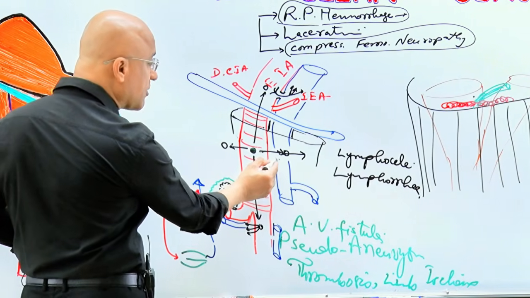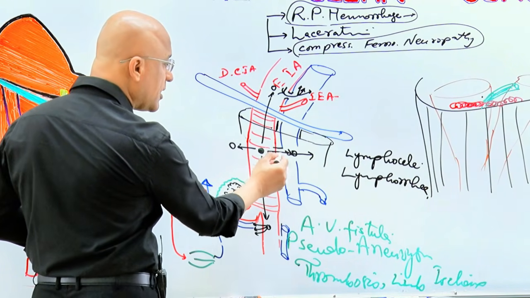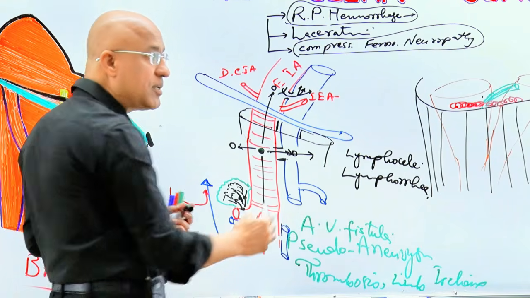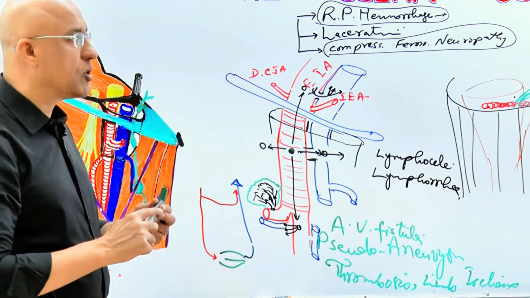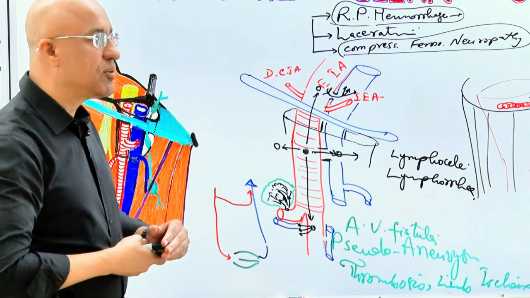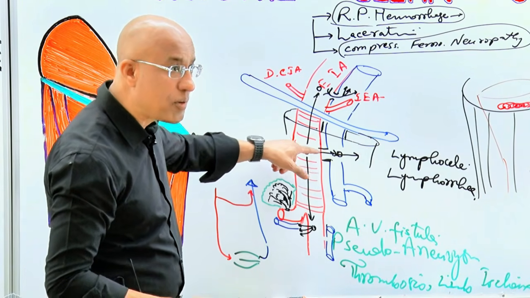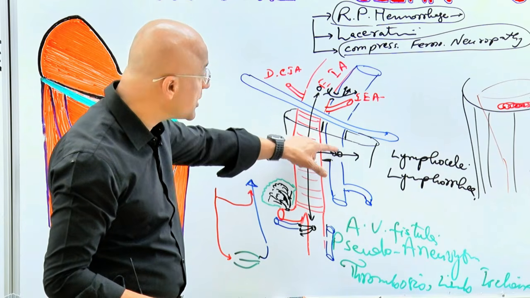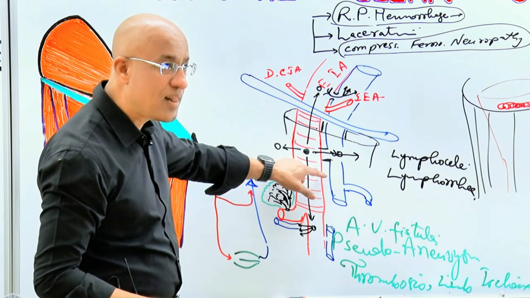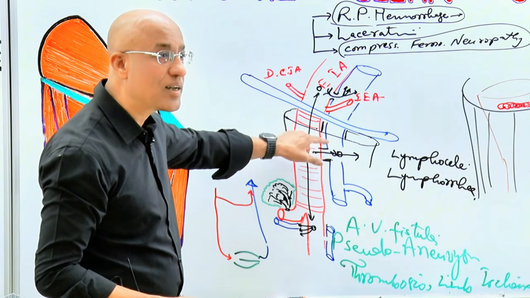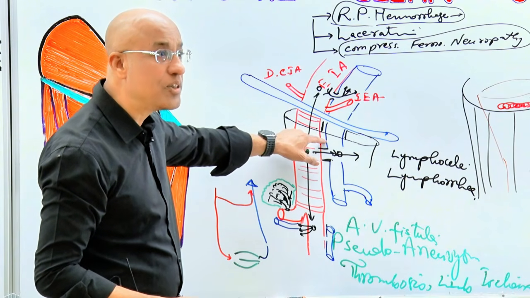But this thing you should never forget. Number one, AV fistula, right? And number two, formation of what is this? Yes, here also, if the needle has gone medially and you have done multiple attempts, you have again damaged the wall of the vein and thrombosis can occur here. Deep vein thrombosis.